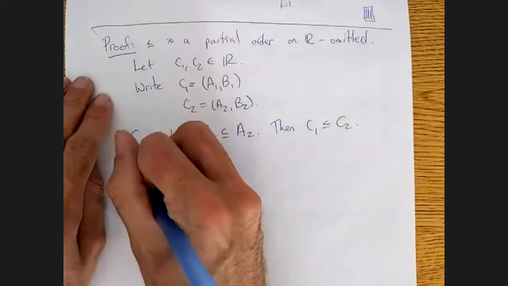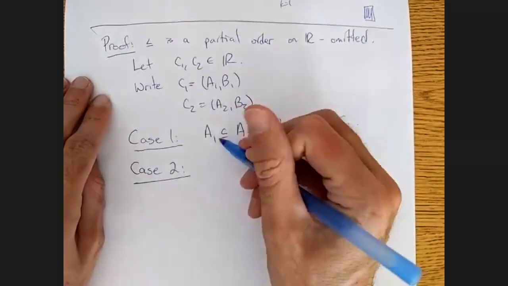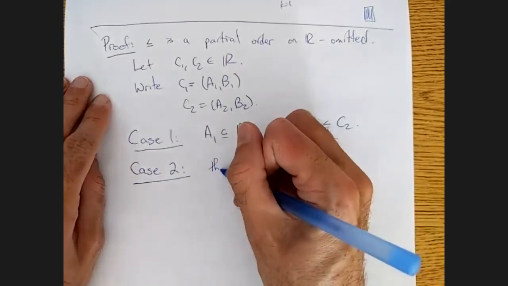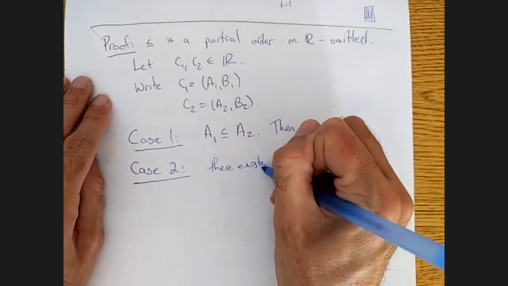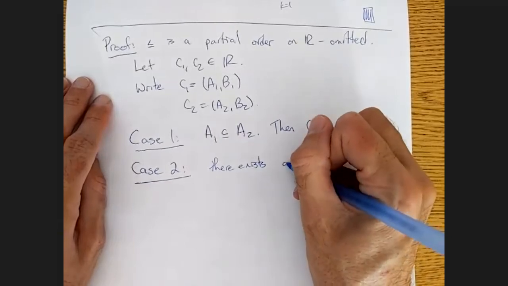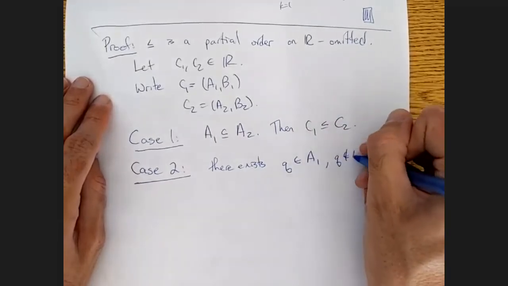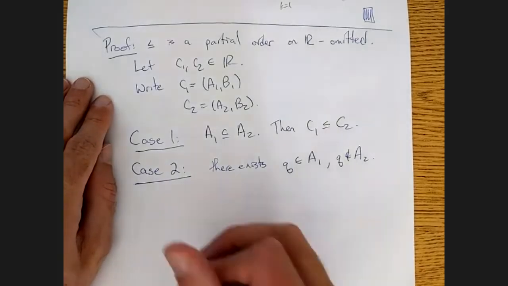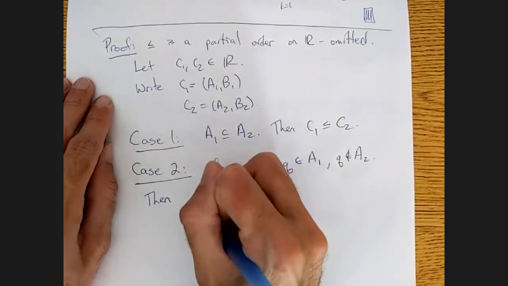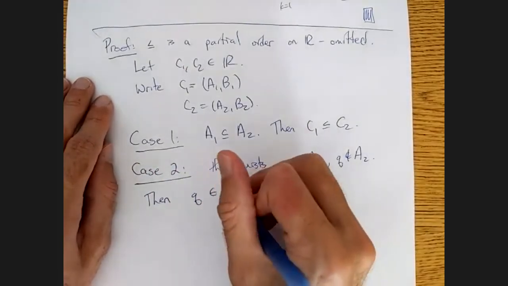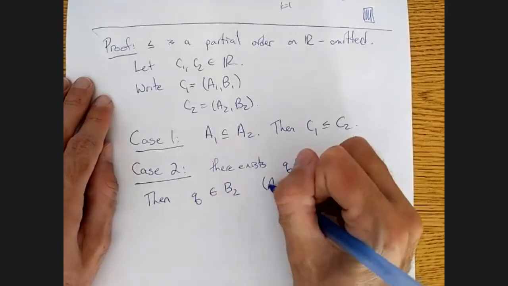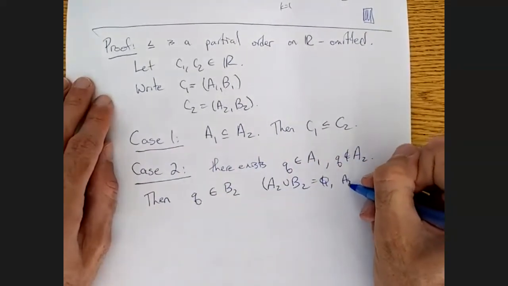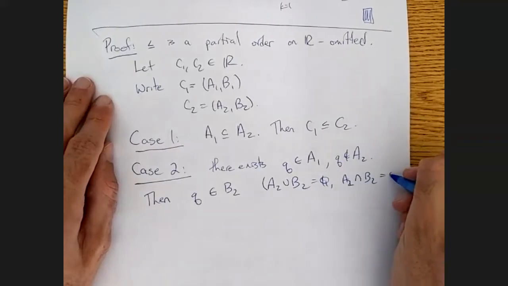The other case is that A1 is not a subset of A2, so that means there exists, let's say, a rational number Q in A1 that is not in A2. Then Q is in B2. That's because A2 union B2 is the rationals, and A2 intersect B2 is the empty set.